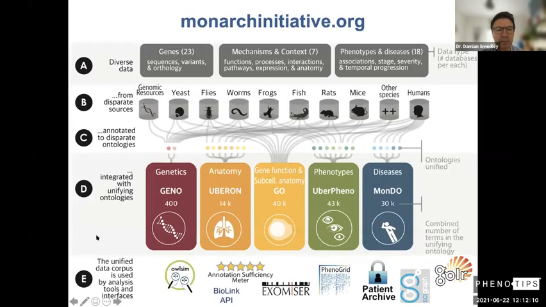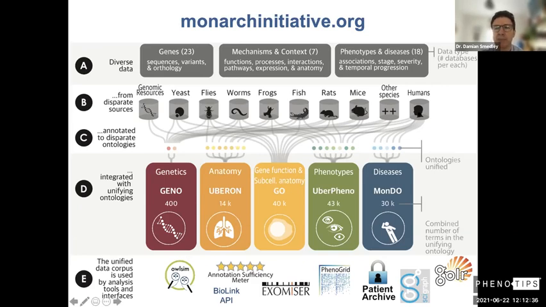And then just to say something about the Monarch initiative, because a lot of this work comes out of the grants that fund the Monarch initiative. So one of the things Monarch is trying to do is integrate data from numerous different sources. So some 23 different gene sources representing sequences, variants, and morphology, 7 different mechanistic sources, and 18 different phenotype and disease sources.